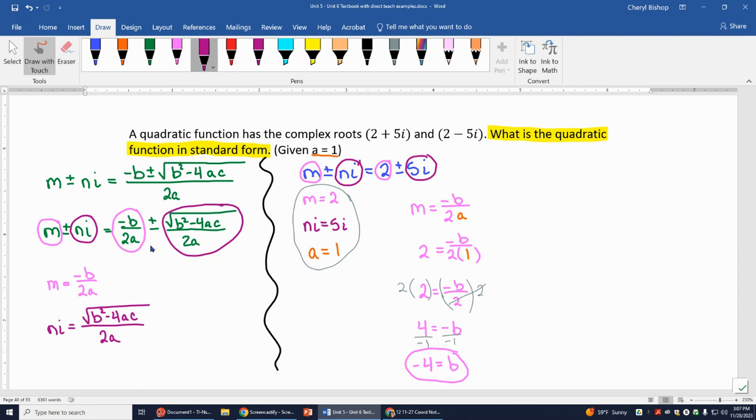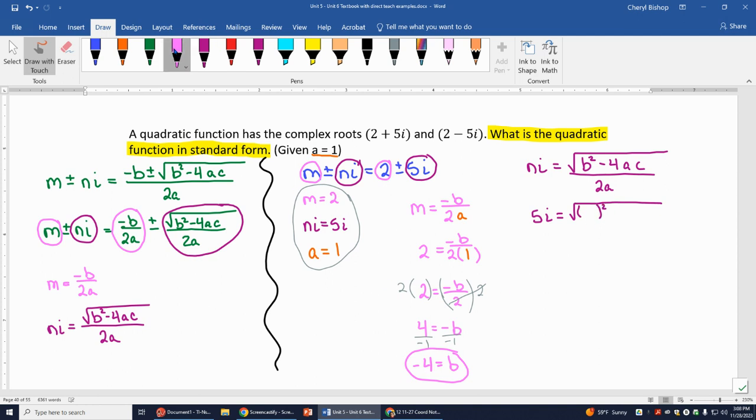So the next thing I'm going to do is look at ni. Ni equals the square root of b squared minus 4ac all over 2a. I know what ni equals. Ni equals 5i. That equals the square root of b squared.